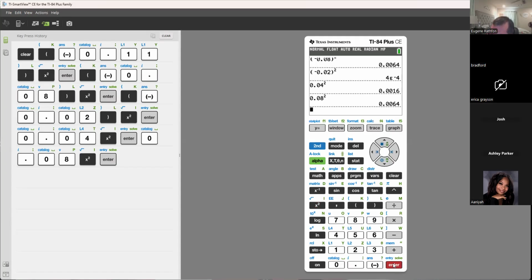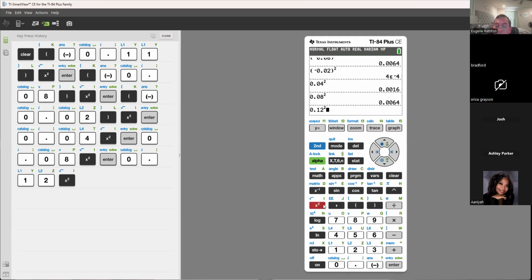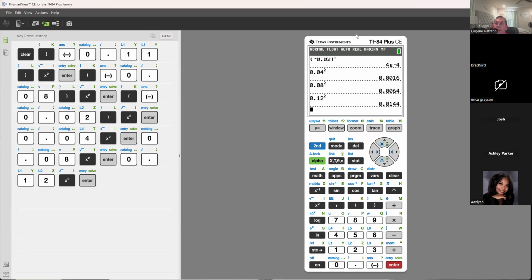We got 0.0064. And y'all, finally, I had a 0.12. Square that. And we get 0.0144. All righty.